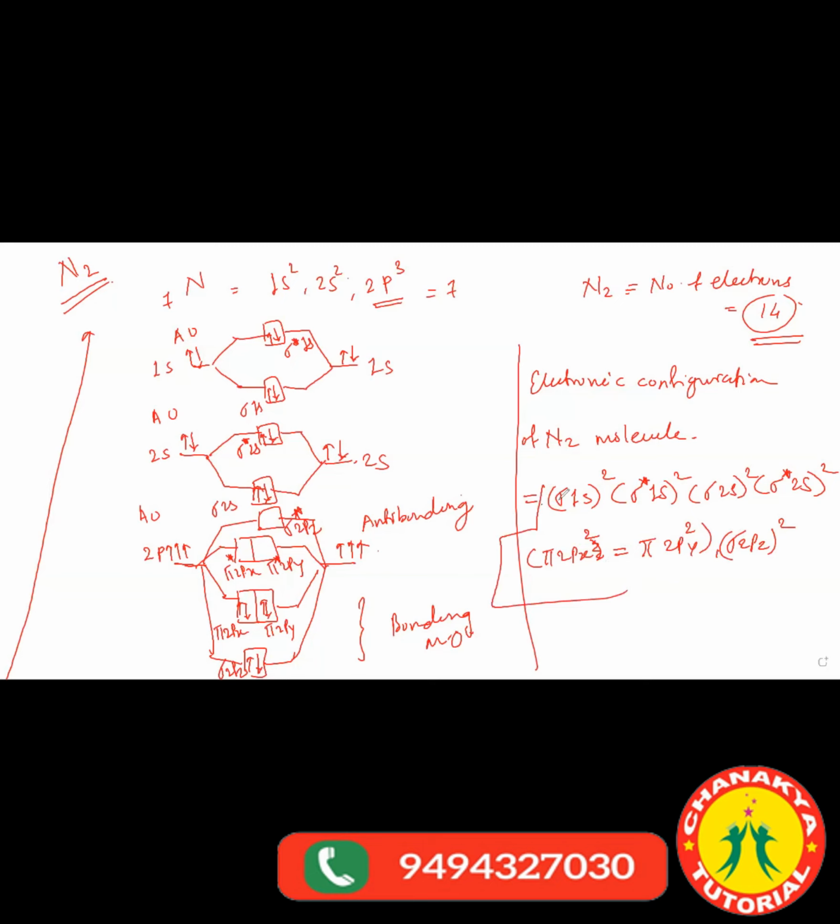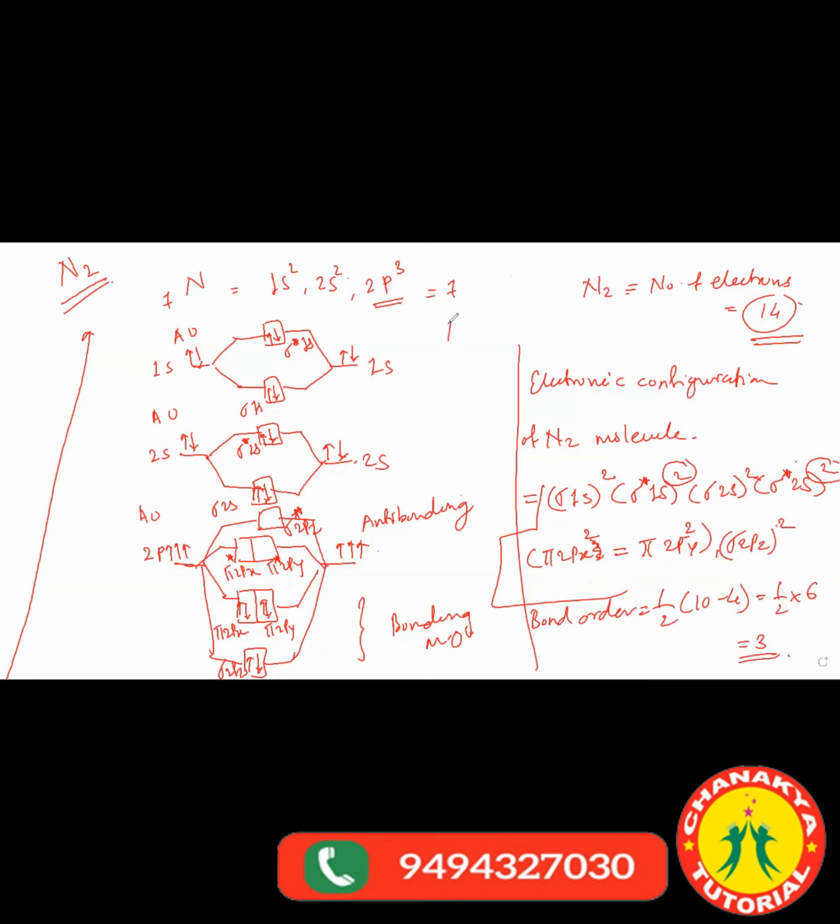Now here you can count the number of bonding and anti-bonding electrons. This is anti-bonding, this is anti-bonding. So 4 are anti-bonding and the remaining are bonding: 2 and 2, 4, 5, 6, 7, 8, 9, 10. So 10 would be the bonding. Bond order is equal to 1/2 times (10 minus 4), which is 1/2 into 6, that is equal to 3.